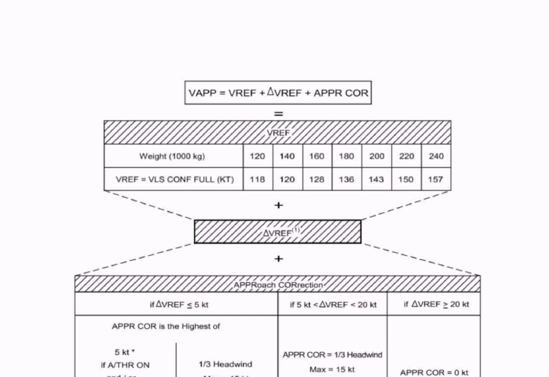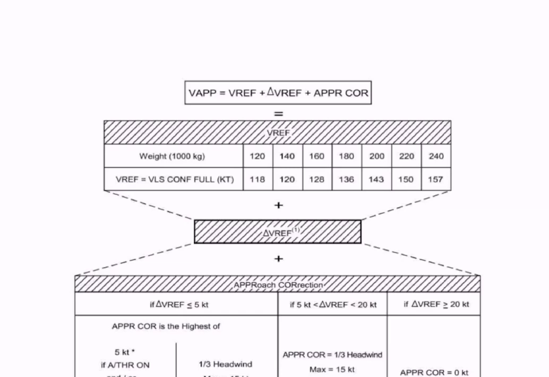So 7 knots divided by 20 tons of weight is 0.35 knot per ton. So we do times 3.6 tons, get 1.26. So if we were at 183.6 tons in an A330 landing, I keep saying A380, we would use 1.26 plus 136. So we'd be 137 for our VLS, and our approach speed would be 142, right?